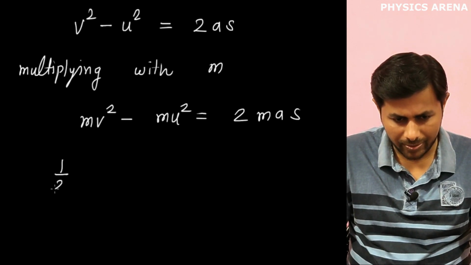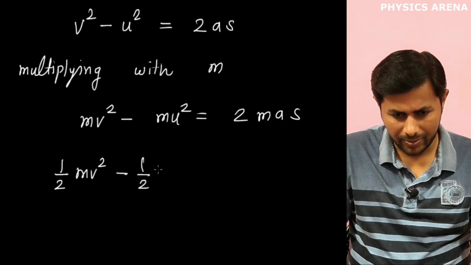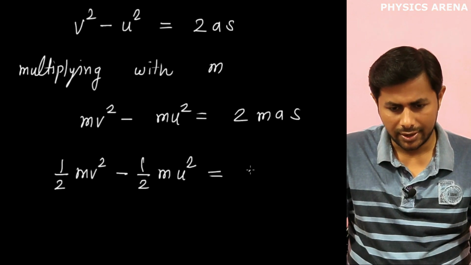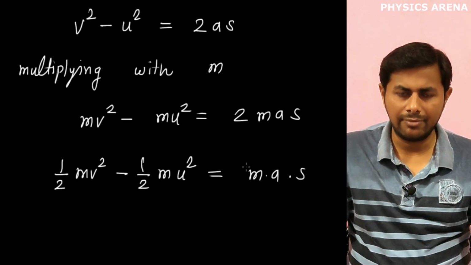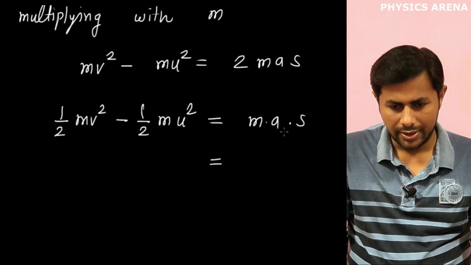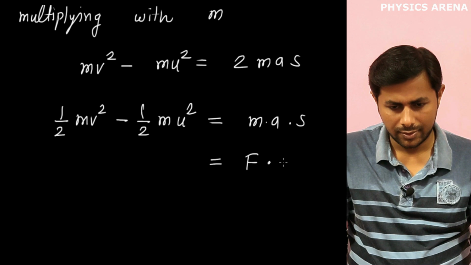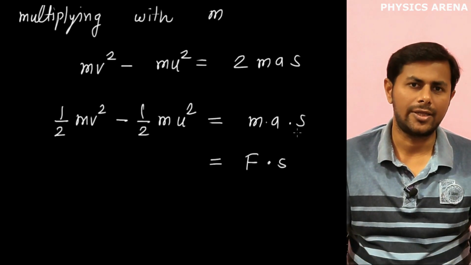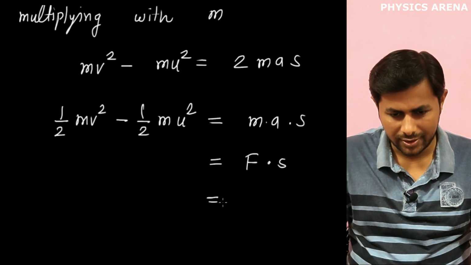So I get half of m v squared minus half of m u squared is equal to m into a multiplied by s. Now what is m times a? We know that m times a is the force F, and what is force times displacement? We have just defined that force times displacement is the work. So this is work.